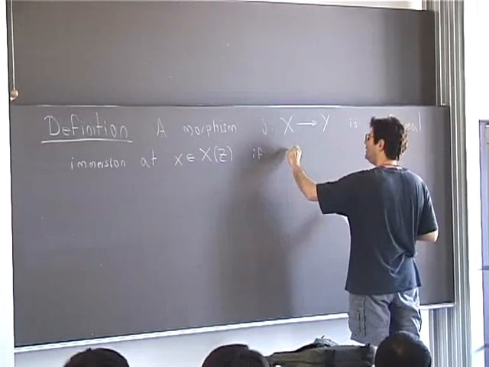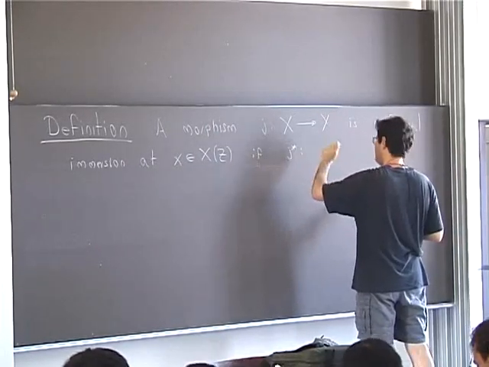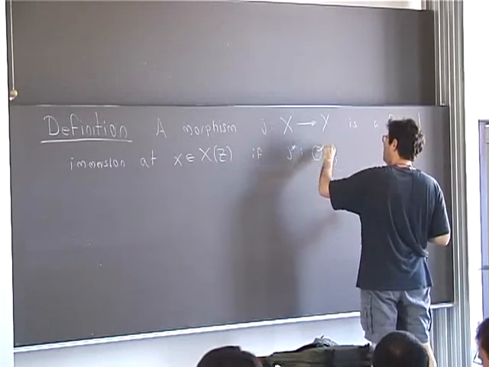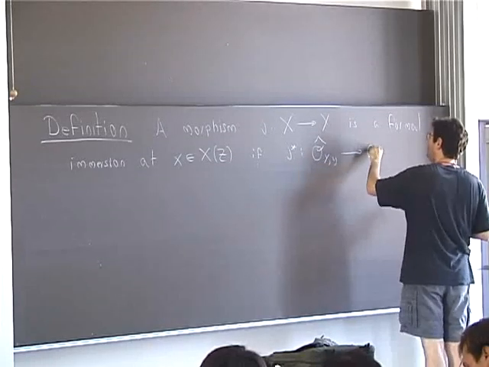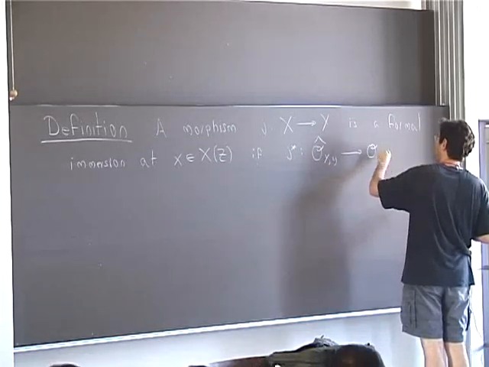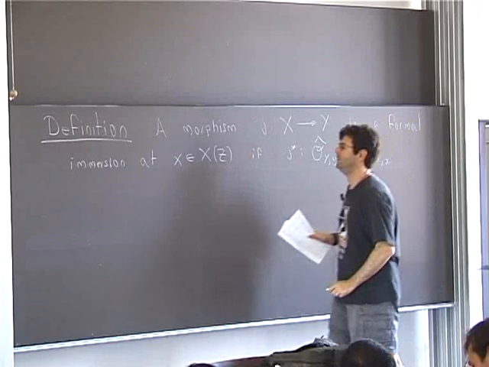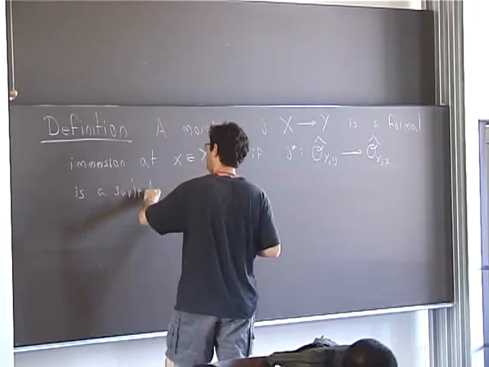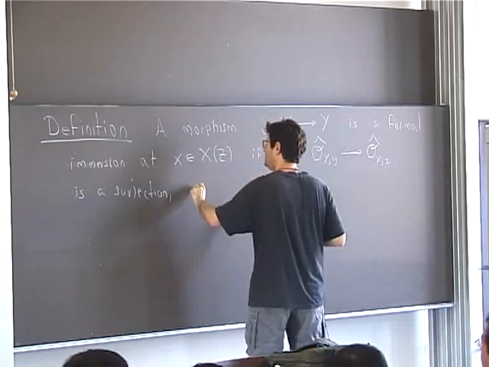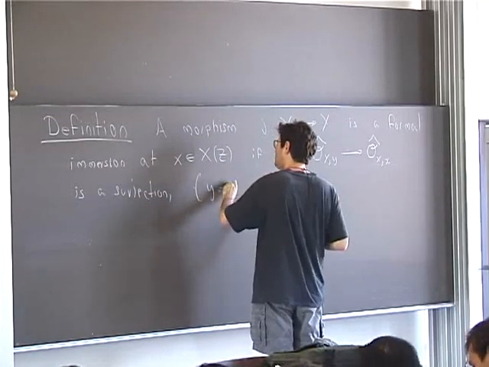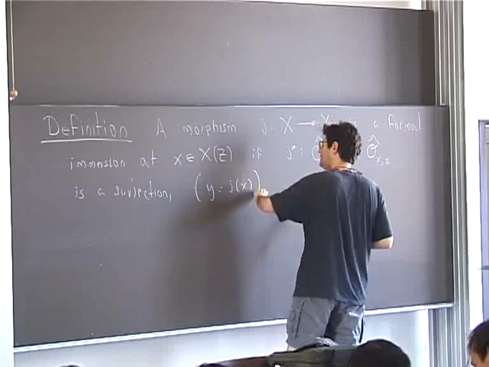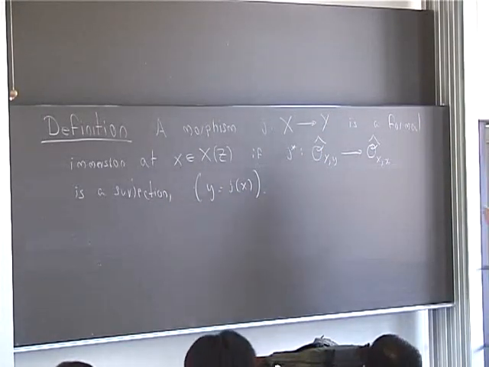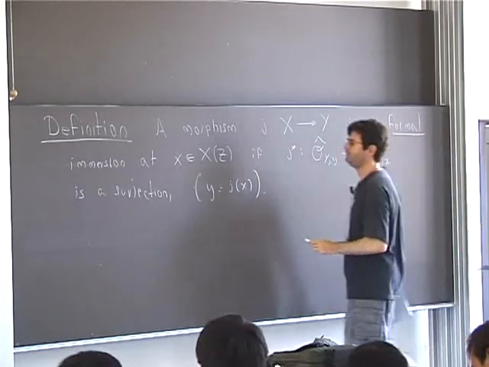So if j star, the pullback map, induces a surjection from the completed local ring of Y at y to the completed local ring of X at x, where y is of course the image of x under j. This is the definition of a formal immersion.